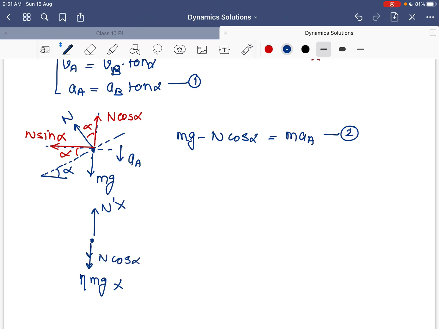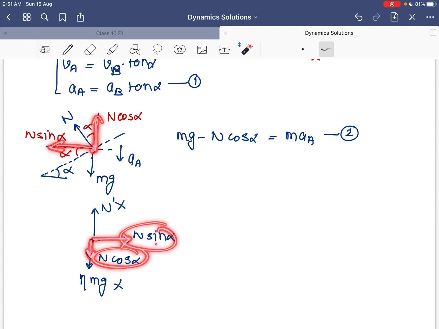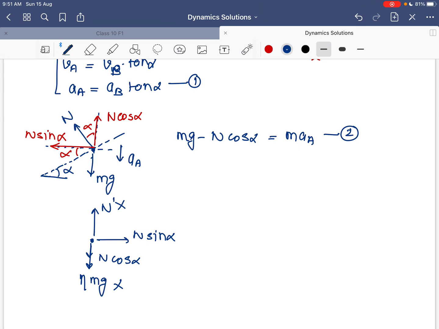So the reaction n cos alpha and the reaction n sin alpha, because for every action there is equal and opposite reaction. The rod gives the opposite action on the wedge. But it is constrained to move only in this direction with acceleration AB. So I can say force n sin alpha is equal to mass into acceleration. That is our equation 2.